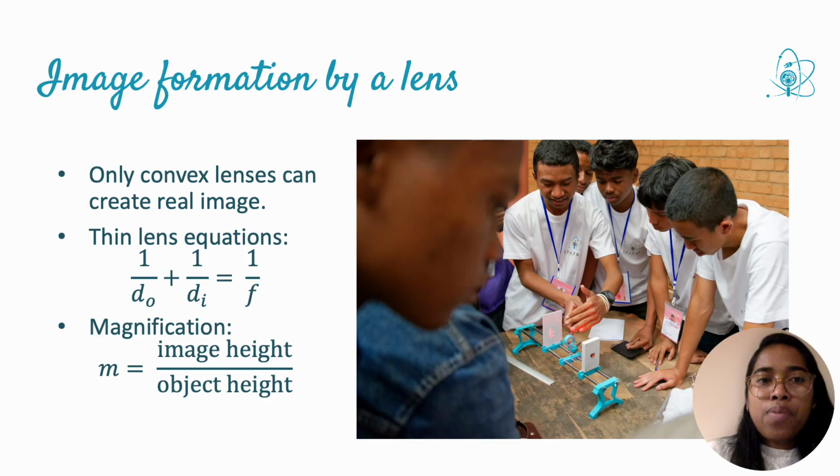Concave lenses form virtual images. The thin lens equation relates the location of where the image will be formed, given the distance of where the object is placed and the focal length of the lens. The magnification of the system is equal to the ratio of the image height and object height.